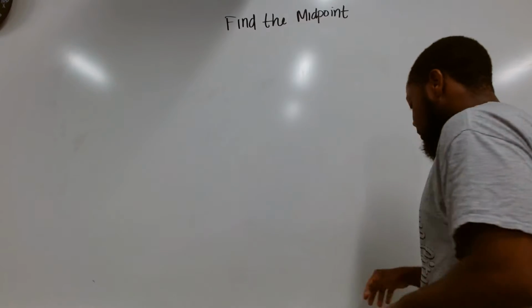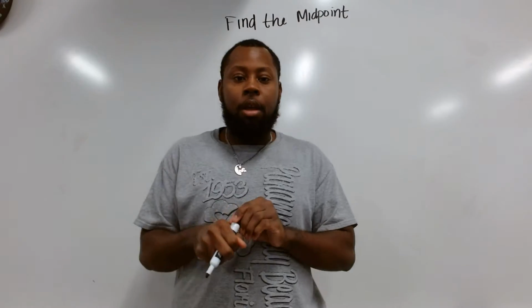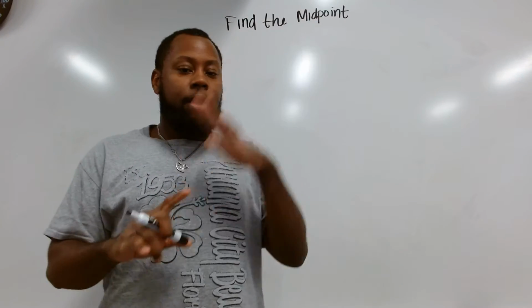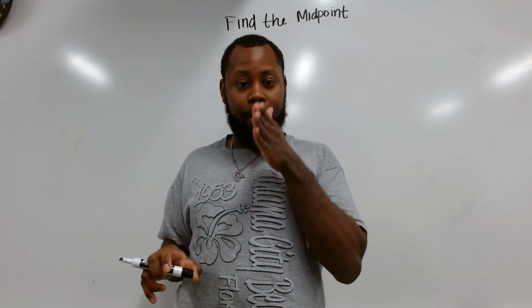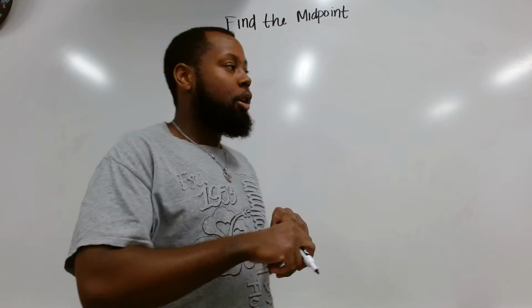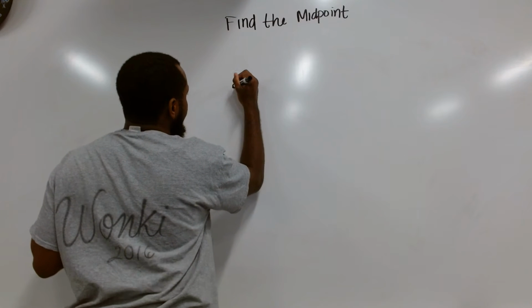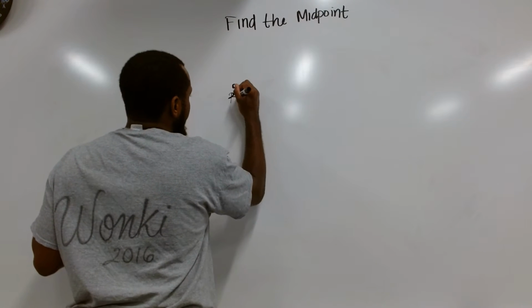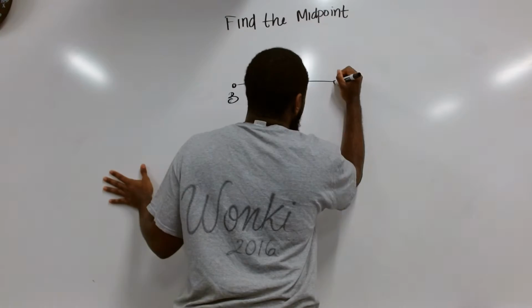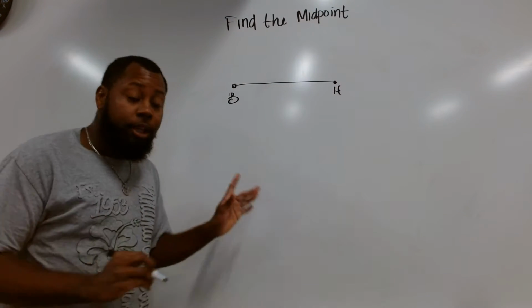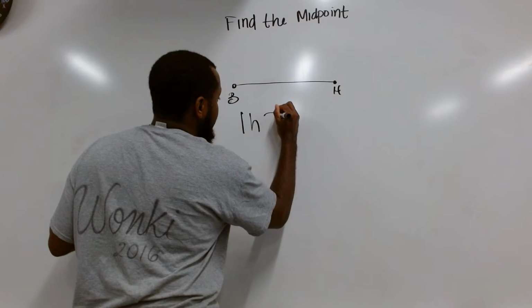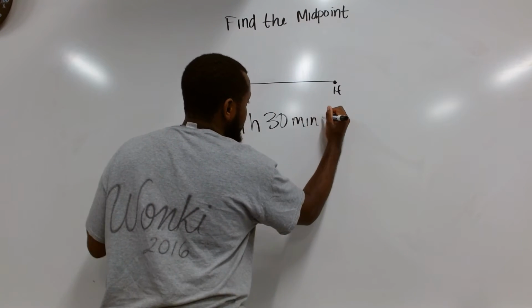Thank you. So midpoint. A little bit about midpoint. It is literally self-explanatory. Midpoint, the middle, right? The middle. So let's take, for example, let's say we're going from Birmingham all the way to Huntsville, right? Anyone who drives the speed limit knows that takes an hour and 30 minutes if you drive the speed limit.